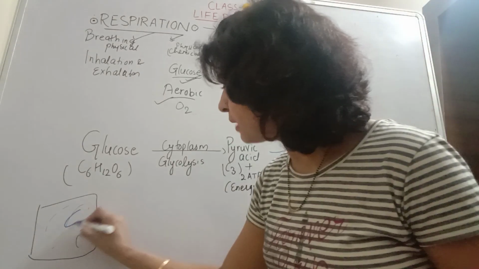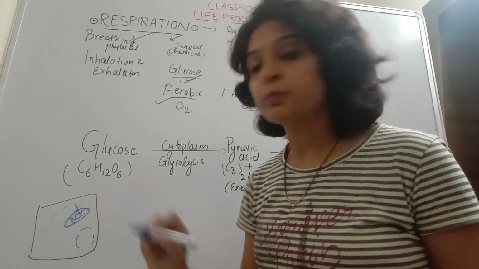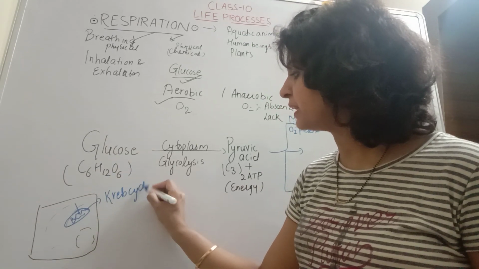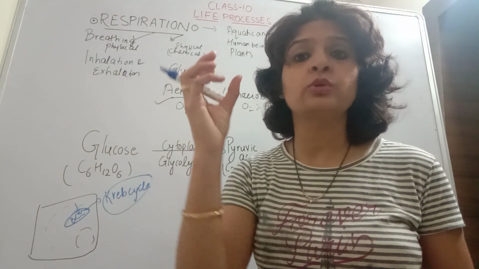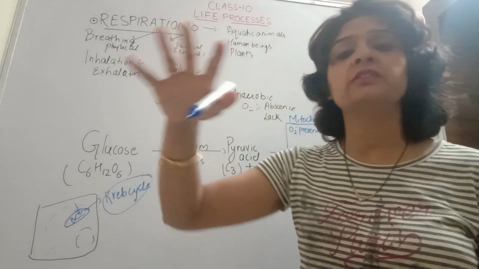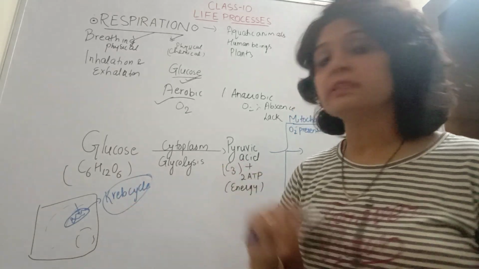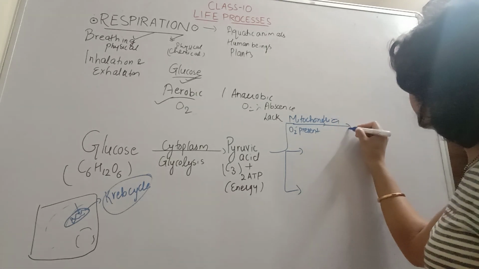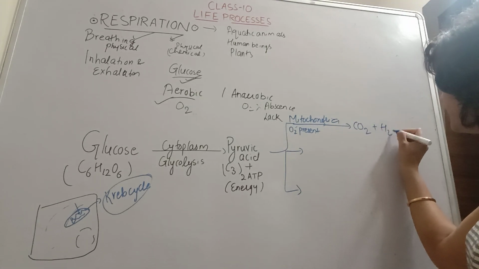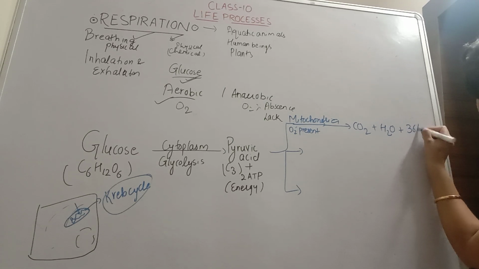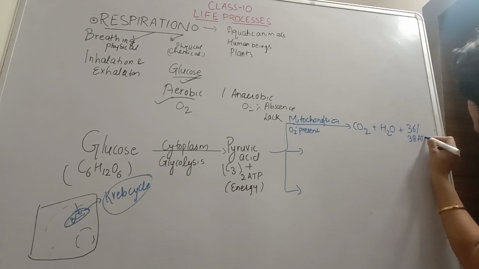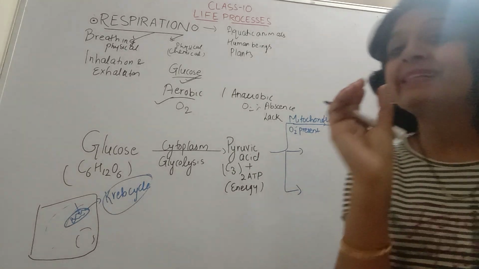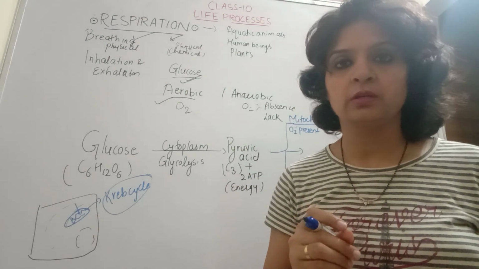If it is present in the cell, it will help in a process known as the Krebs cycle, a process used for converting the pyruvic acid. The further steps of the pyruvic acid occur in this Krebs cycle, so that the last products that we get are carbon dioxide, water, and 36 to 38 ATP molecules. So maximum energy we can get through aerobic respiration.